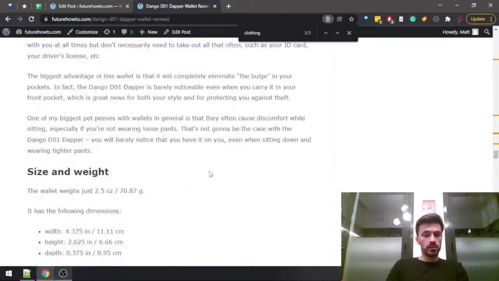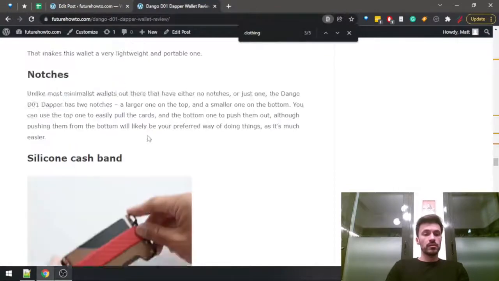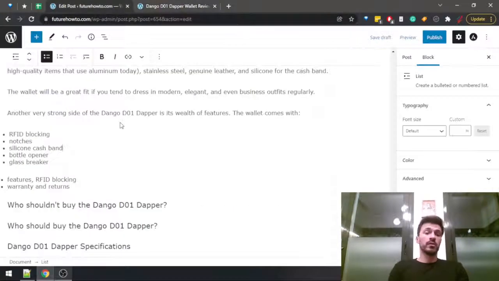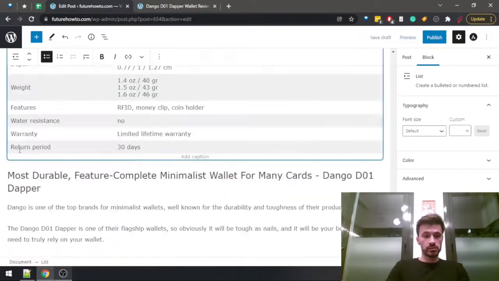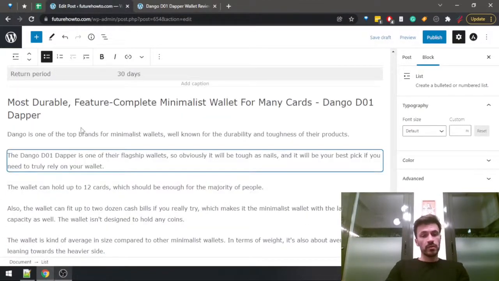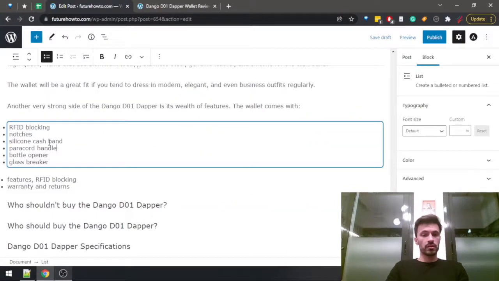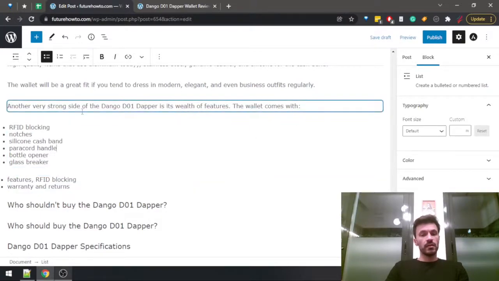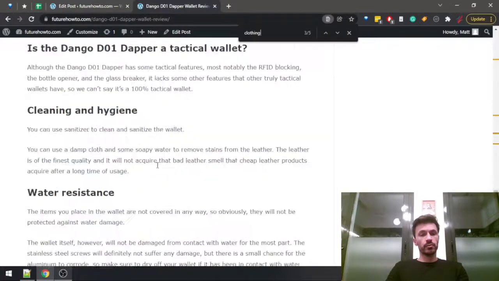Well, what was the other one? Notches, silicone cash band, paracord handle. Okay, I think we made the right choice here. So this is very durable. We already mentioned that. So now we're covering the features. And I think we're good to go there. Bottle opener, glass breaker.